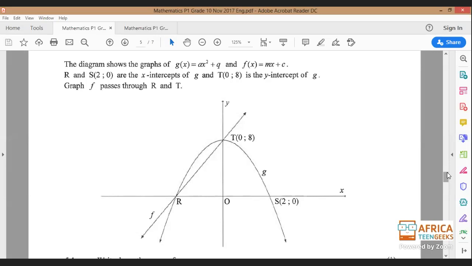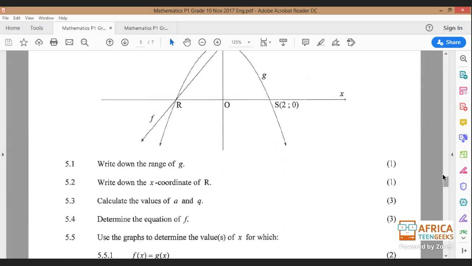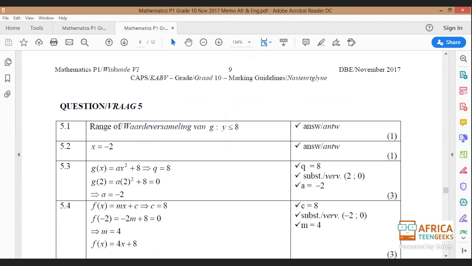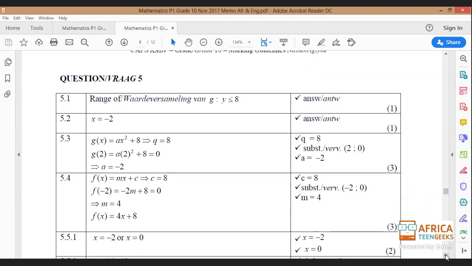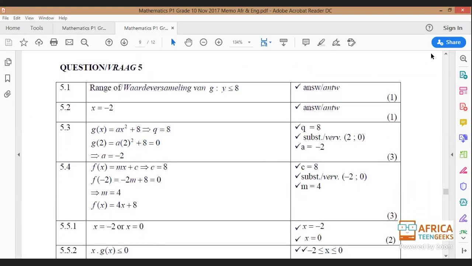Okay, so now basically, when we look here, when you equate g of x to f of x, you'll get x is equals to negative 2 or x is equals to 0, right?